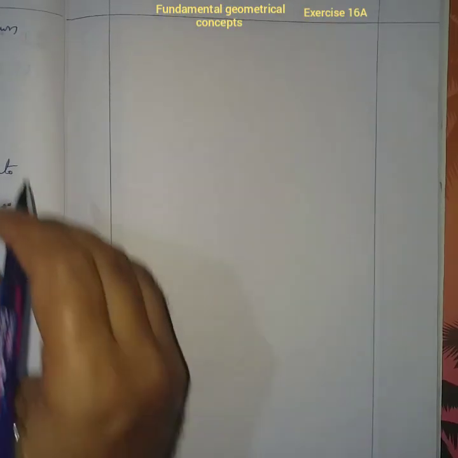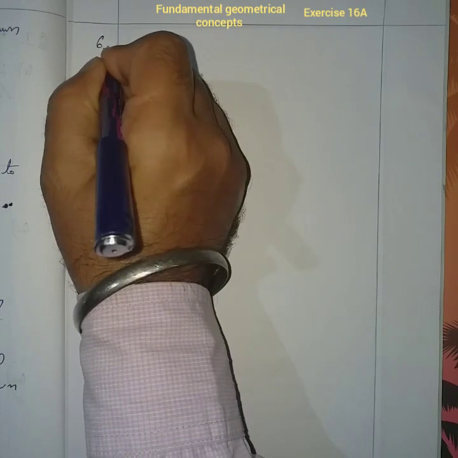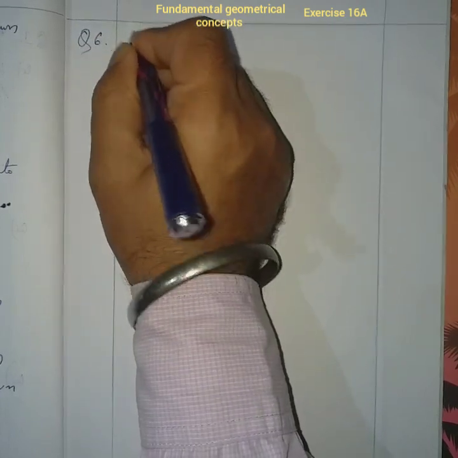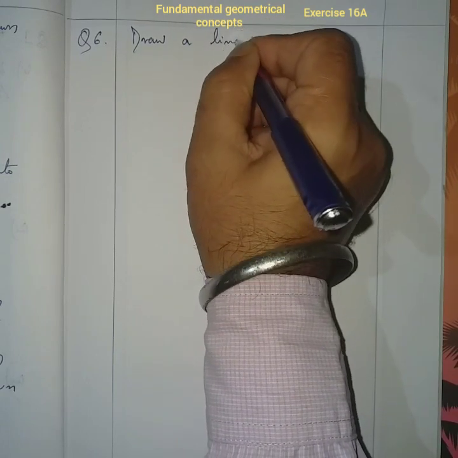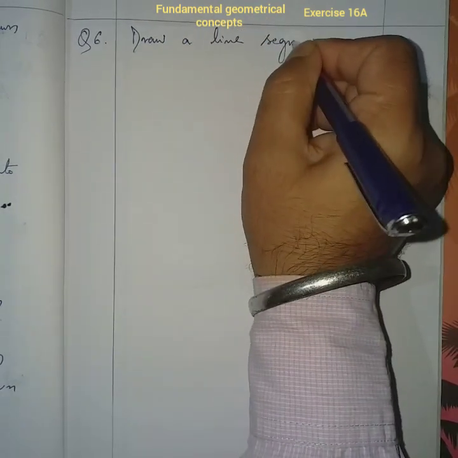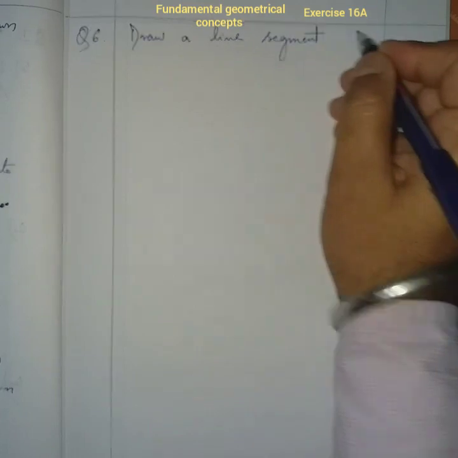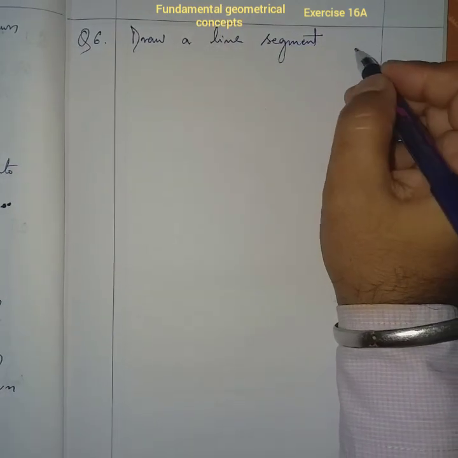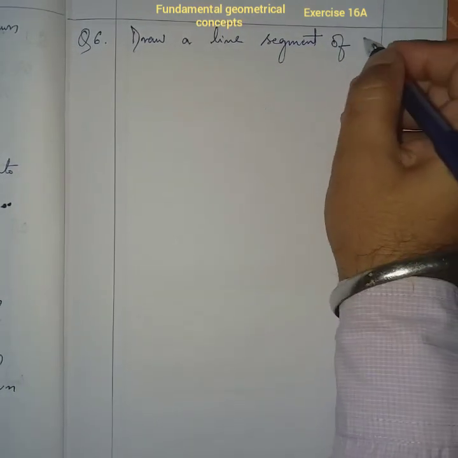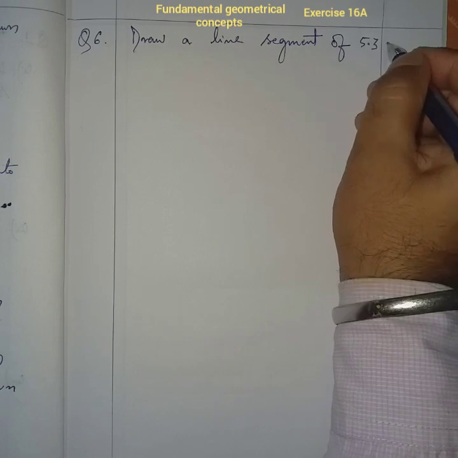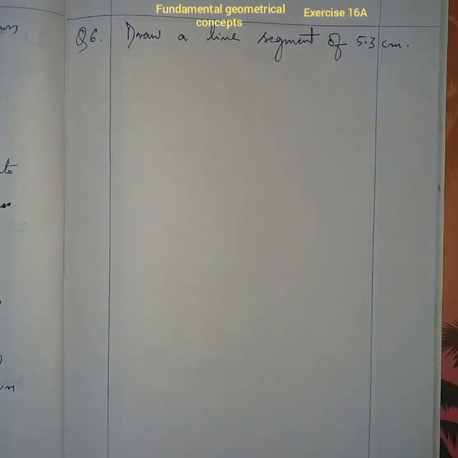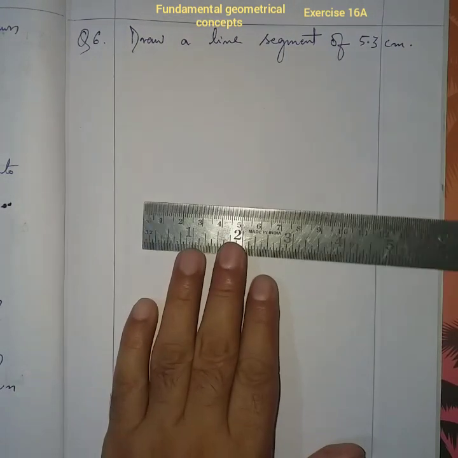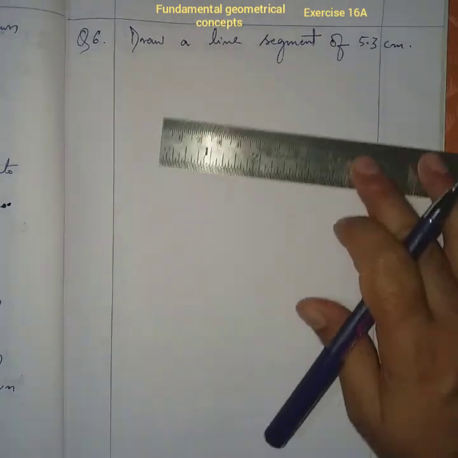Question number 6. Draw a line segment of 5.3 centimeter. So we can draw a line segment using a scale, isn't it? Using a scale.